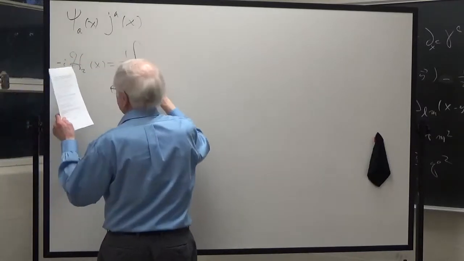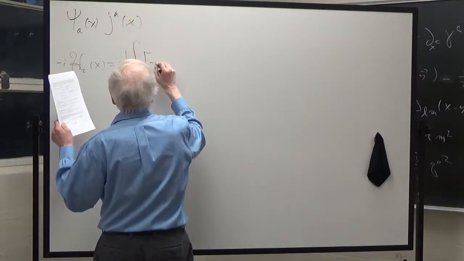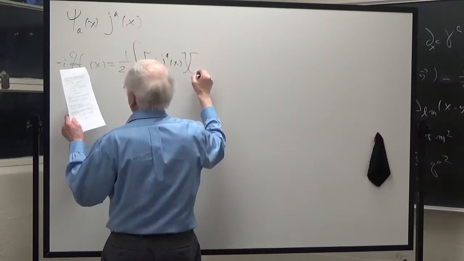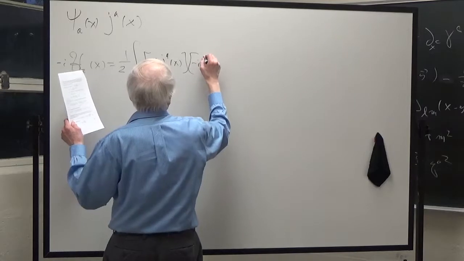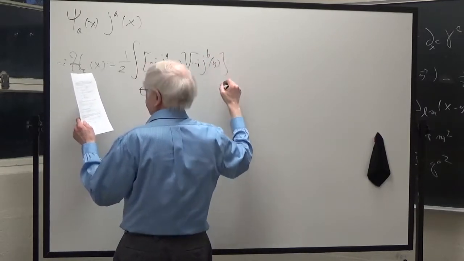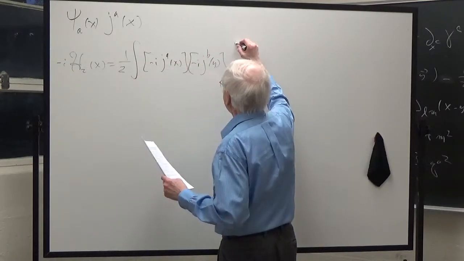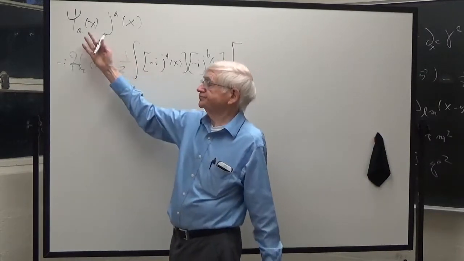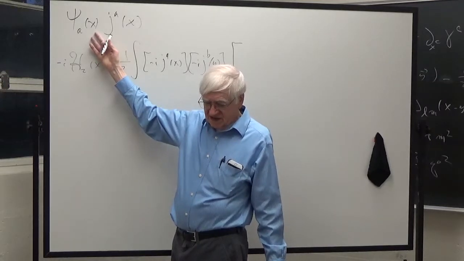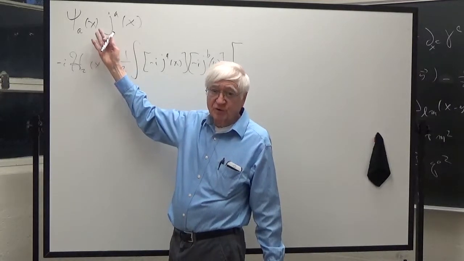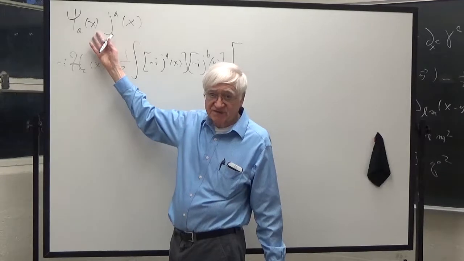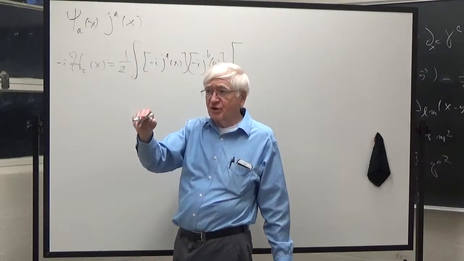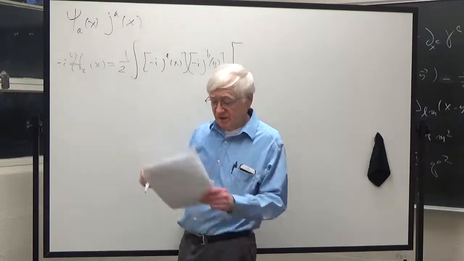I'm not going to try to justify every exact factor, but you're going to have a minus i J^A of X, minus i J^B of Y. And then you're going to have the mean value in the vacuum of the time-ordered product of the two fields, psi A with psi B. And that's going to give you the Lorentz invariant term plus this awkward term.